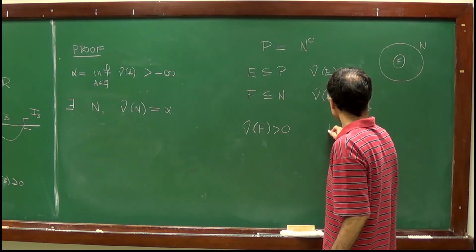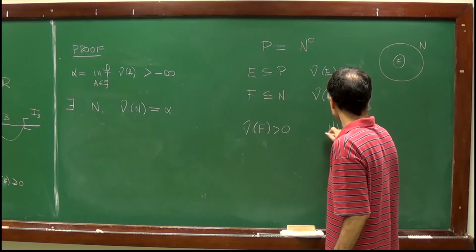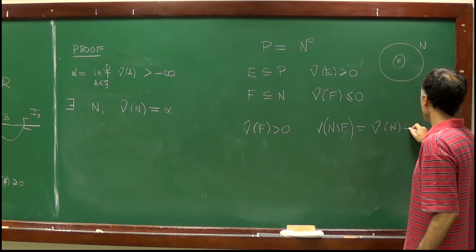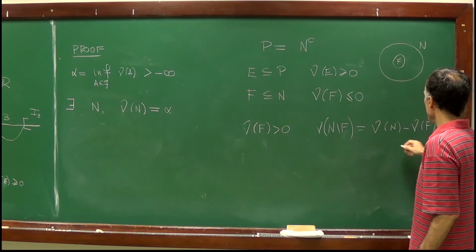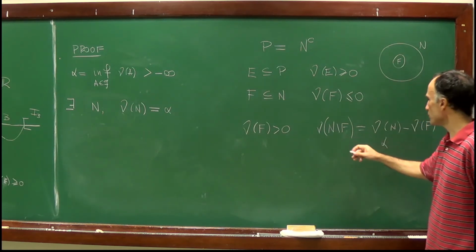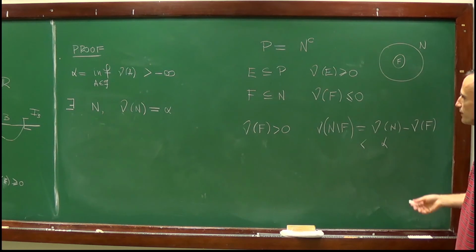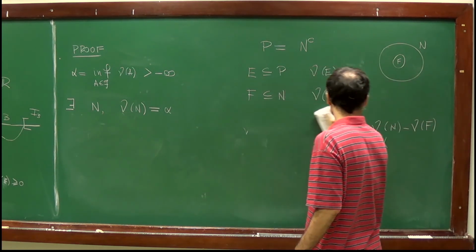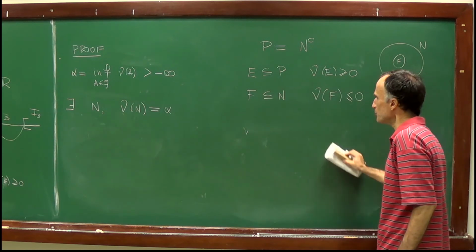Then if I take the set N minus F, its measure is equal to nu of N minus nu of F. Nu of N is alpha. Nu of F is strictly positive, so this is strictly less than alpha, and this is a contradiction again. So we proved the Hahn decomposition theorem.